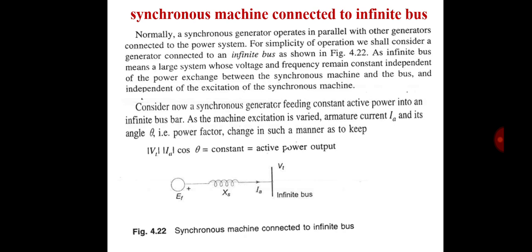Normally a synchronous generator operates in parallel with other generators connected to the power system. For simplicity, we shall consider a generator connected to an infinite bus as shown in the figure. Here is the infinite bus and the synchronous machine connected to it through reactance.